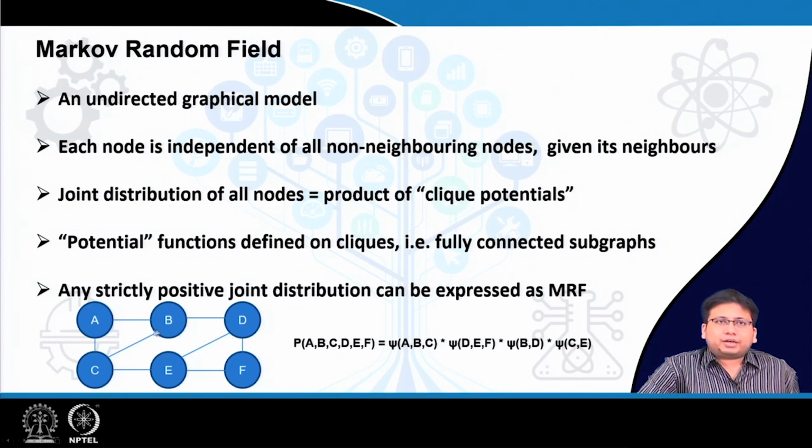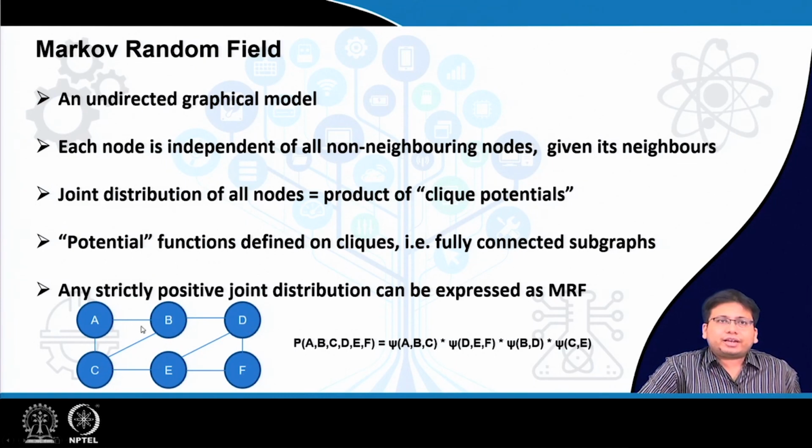So, if you consider these two nodes or these two random variables C and D, as you can understand, they are not neighbors because there is no edge between C and D, but the neighbors of C are A, B and E. So, now if these three nodes are observed, I mean if you can condition on these three nodes A, B and E, then we can say that C and D are independent.